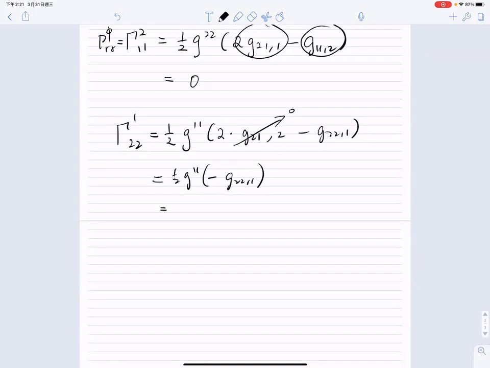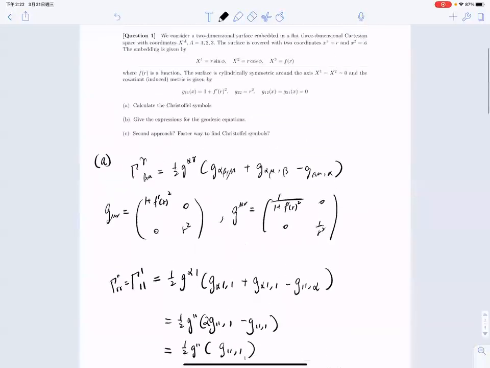It would be 1/2 times the inverse metric G^11, which is 1 over (1 plus f prime squared), times minus the rho derivative of G22, which is rho squared.